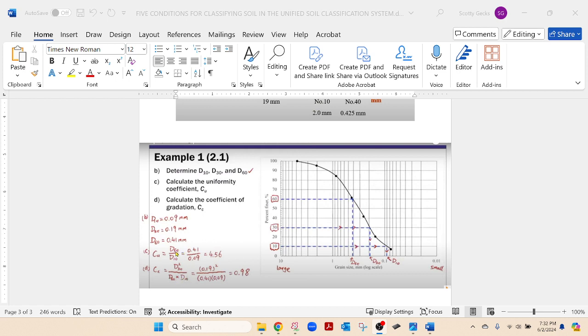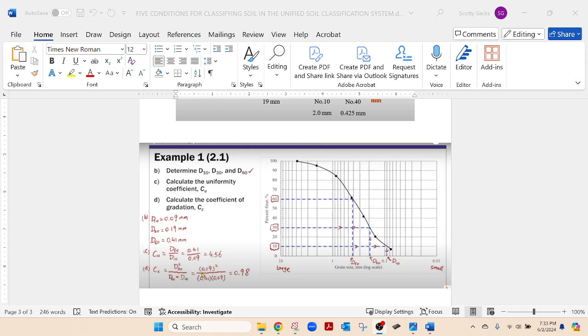So you've got D60 divided by D10 to get your coefficient of uniformity, and you have D30, the 30% passing, squared, divided by D60 times D10.